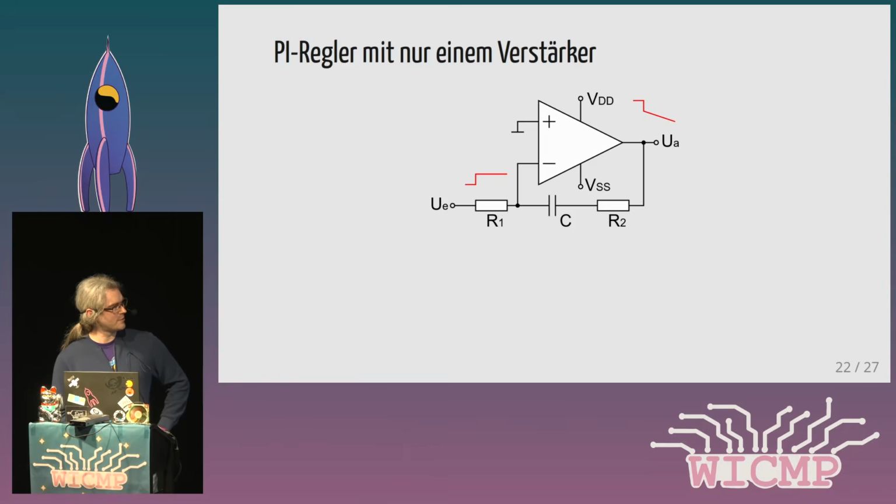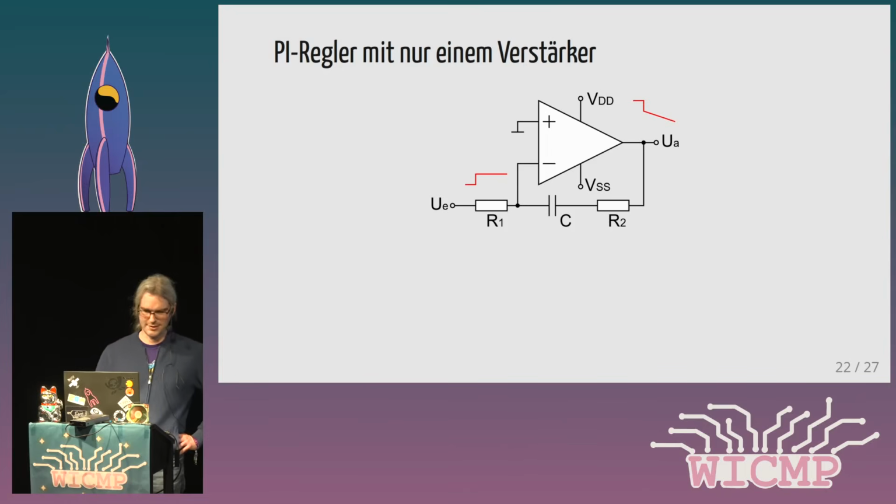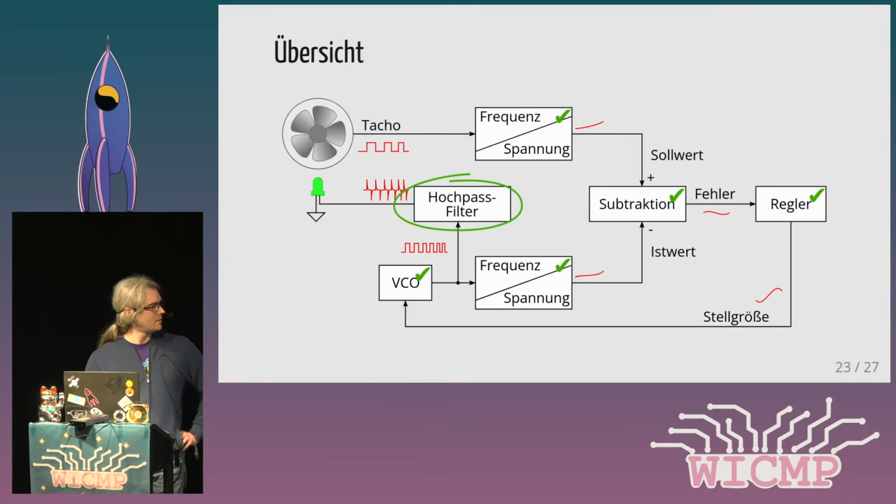So if you get a jump in the input value, we also get the jump at the output. And in the long run, they are integrating up, and that's the circuit I've been using here, and that's why we end up with 4 op amps in total.